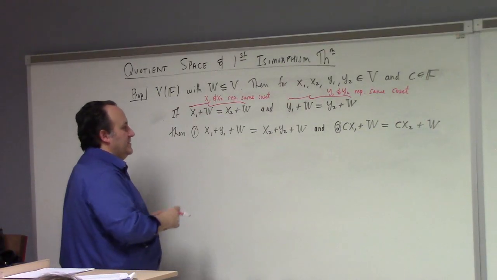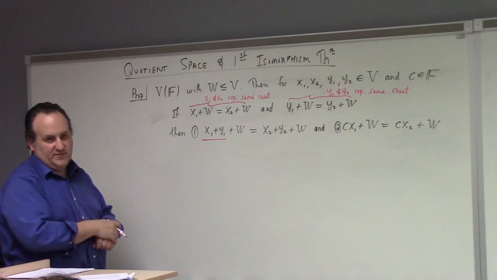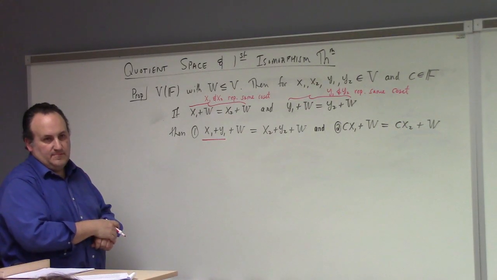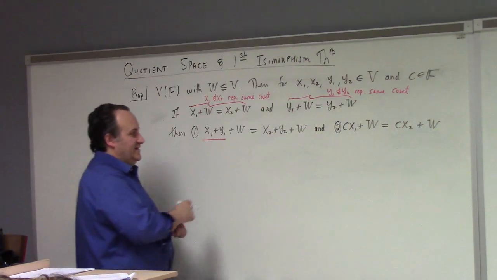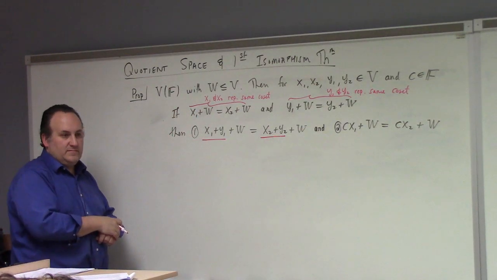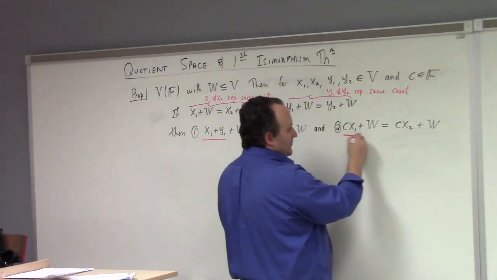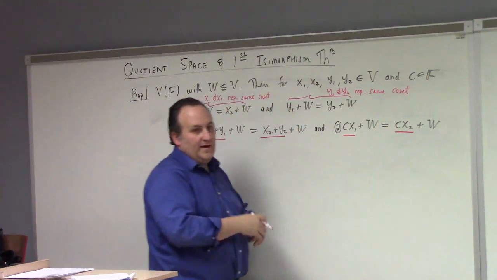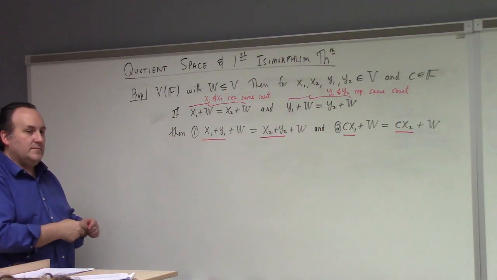So what I'm saying then is if you add the first representatives and get a new coset, it's the same thing as if you added the second representatives to obtain a new coset. And likewise over here, it doesn't matter if I do c times x1 or c times x2, I end up with the same coset. Right? Let's prove it.